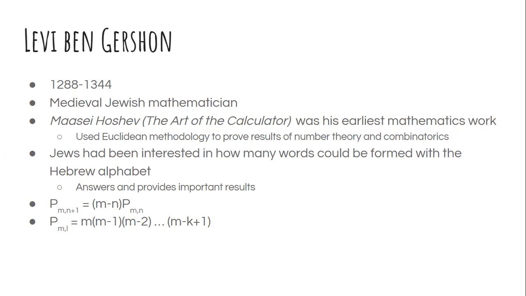So he not only answered it, but he proved important results about combinations and permutations of objects. Not only was he looking for the answer, but he wanted to prove answers for different questions that were going to come later, which helps us with our different probability and counting problems. So we'll see that a little later.